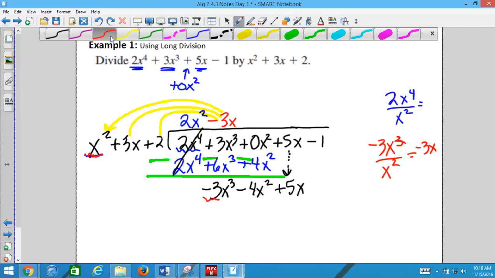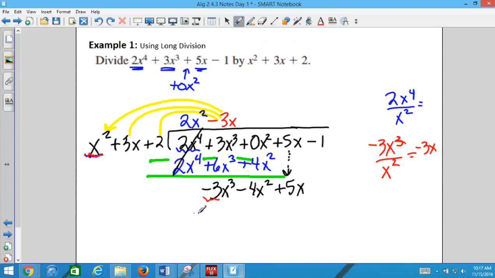Minus 3x multiplied by x squared is negative 3x to the 3rd, which it should be, because we want the first 2 terms to be exactly the same. Negative 3x times positive 3x is negative 9x squared. And negative 3x times positive 2 is negative 6x.